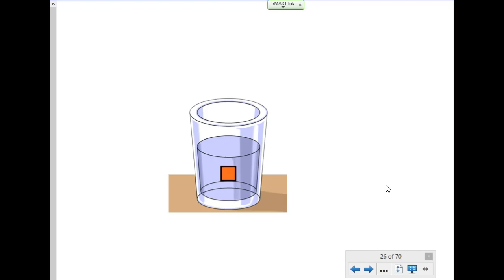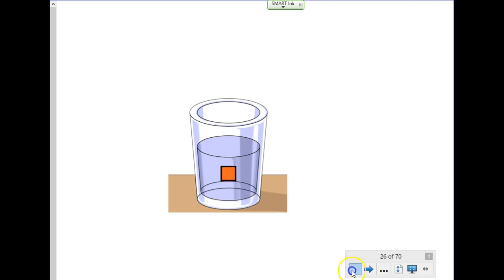Remember that when you calculate your temperature change, it's final minus initial, which means that your metal sample should have a negative value.